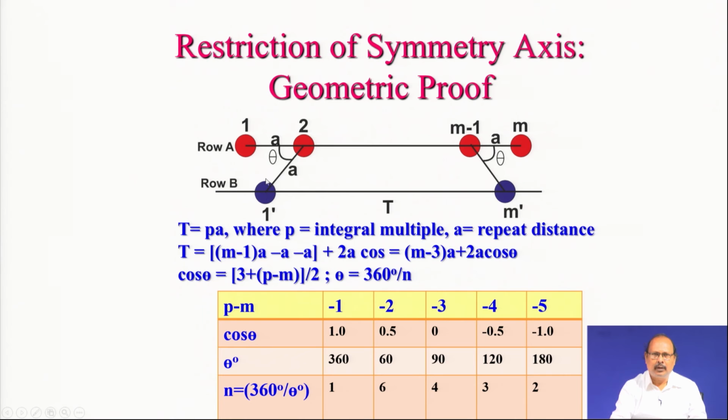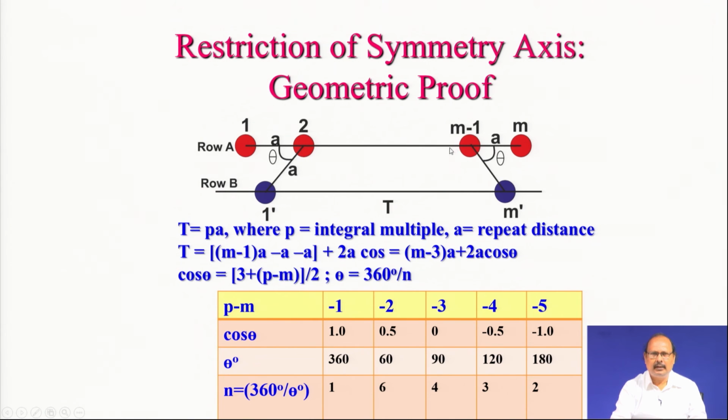So, if we draw a perpendicular on this, and if we draw a perpendicular on this, I can measure this distance, and I can also measure this distance here. These two distances, if I join with the distance between 2nd position and m minus 1th position, then that distance will be equal to t. So, t is equal to what will be the distance between 2nd position and m minus 1th position?